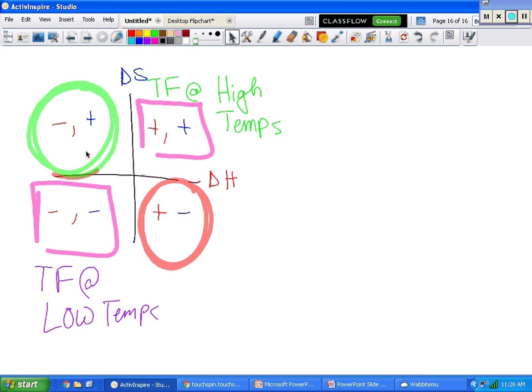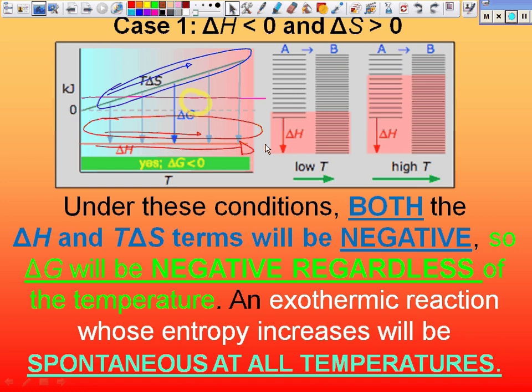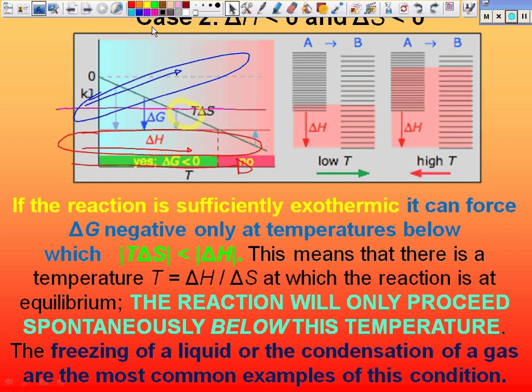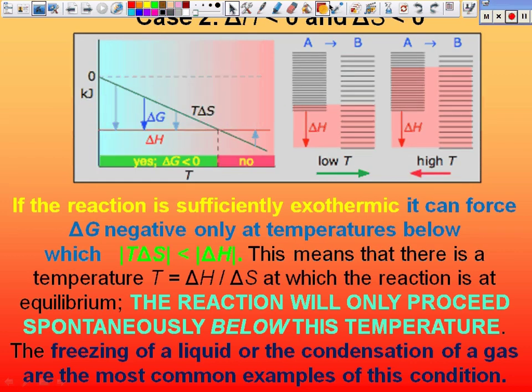So what happens when you look at this? Notice what happens at this point right here, where this purple X is. T delta S crosses delta H. Do you agree? And at that temperature, what happens to the reaction? It's no longer spontaneous.